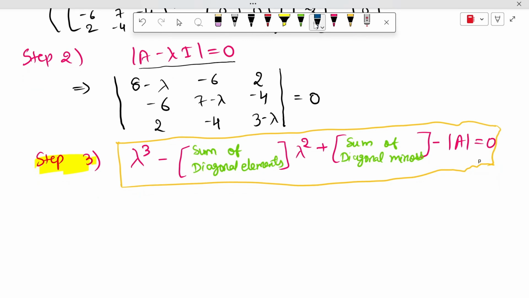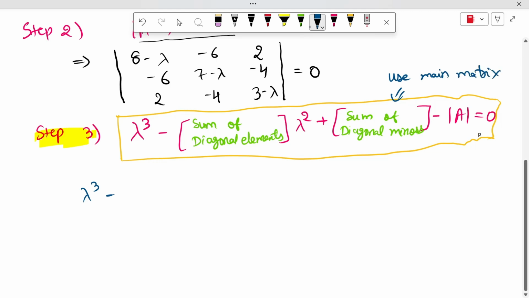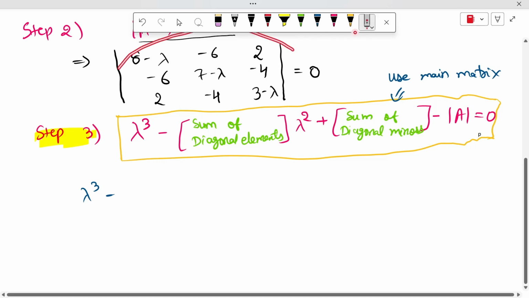So solving further, we get lambda cube minus the sum of diagonal elements. For this equation, we use the main matrix. Also you can directly find its determinant by taking the first row, then second and third.